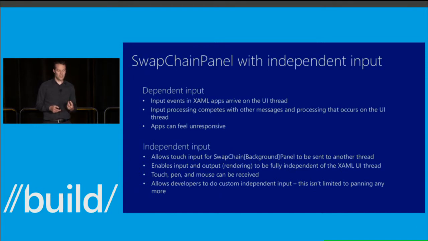What we've done with independent input on swap chain panel is give the same flexibility to developers to use independent input on another thread for scenarios that extend past just panning and zooming. So with independent input and independent output via swap chains, you can have a fully independent cycle on a background thread that provides a really fast, fluid experience.